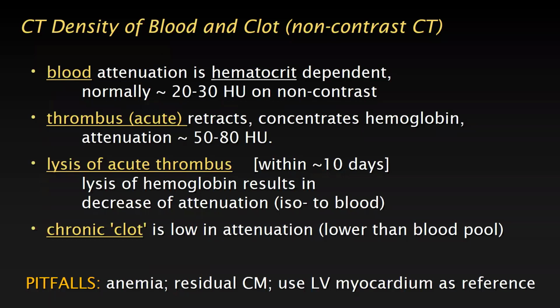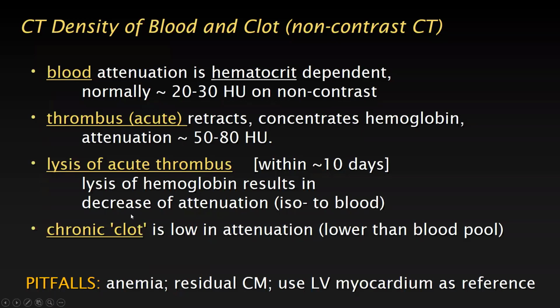But it doesn't stop there, because after about 10 days, usually the hemoglobin resolves, or you have hemolysis within that clot. And once the hemoglobin concentration goes down, what looks like a thick wall is no longer hyperdense, so it will decrease in attenuation.